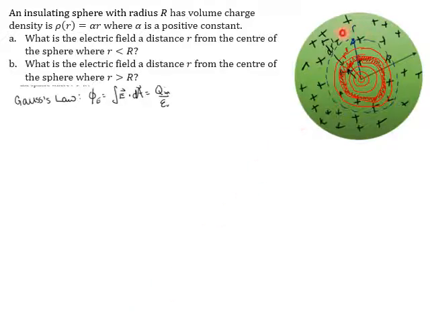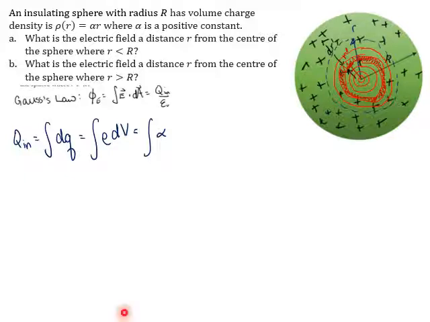Let's get going now on finding the net charge inside our Gaussian surface. The net charge, Q in, is going to be the integral, or the sum, of each little bit of charge on each individual shell. We said that each little bit of charge was equal to the density times the volume of each little shell. Our density rho is a constant alpha times the radial position, and the radial position of our little shell we called r primed. dV means the volume of each little shell.